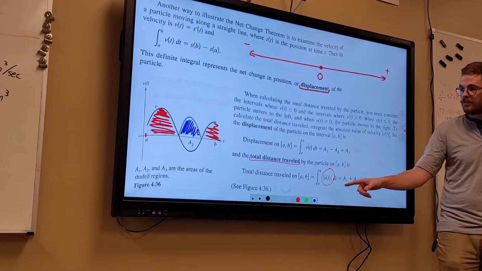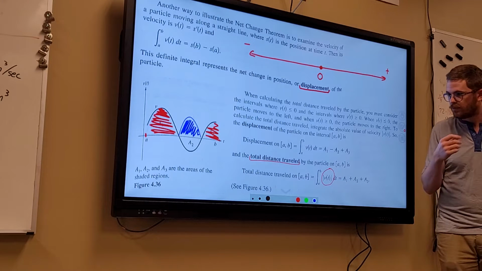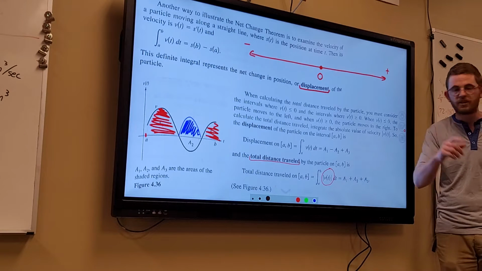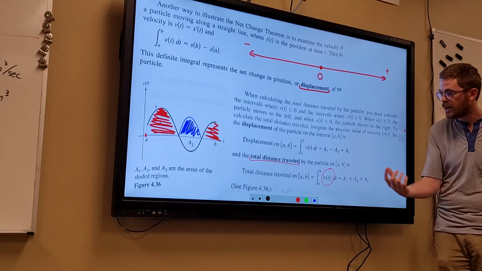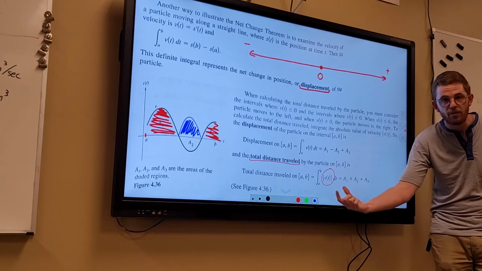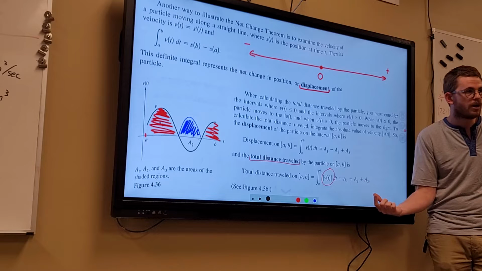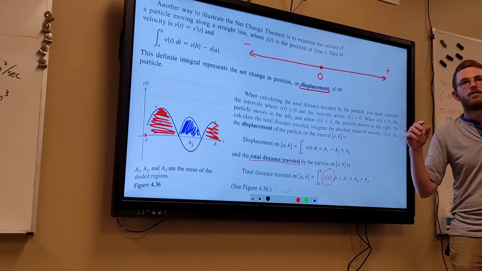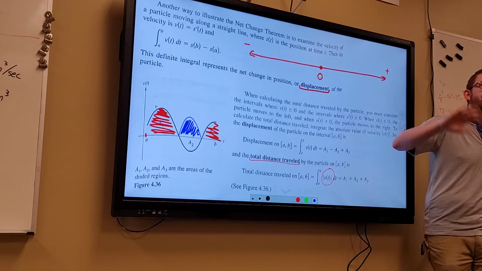Now when it comes to this, probably 99% of the time, if we need to find total distance traveled, it is just a difference of typing it in our calculator this way. Maybe 99 is an extreme.